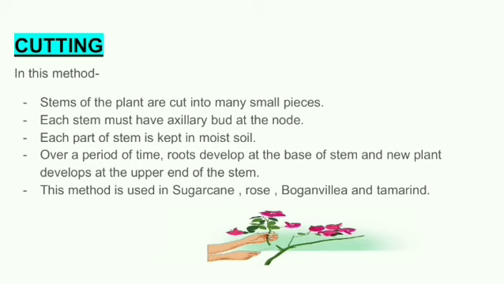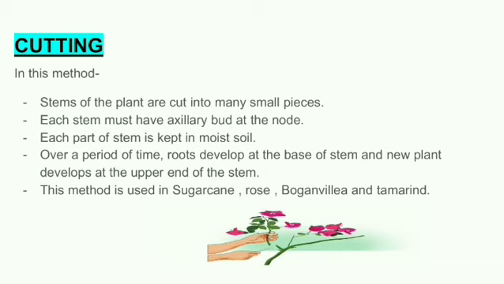The first method is cutting. In this method, we take a part of stem from the parent plant. As you can see in the picture, a part of stem is cut from the parent plant.